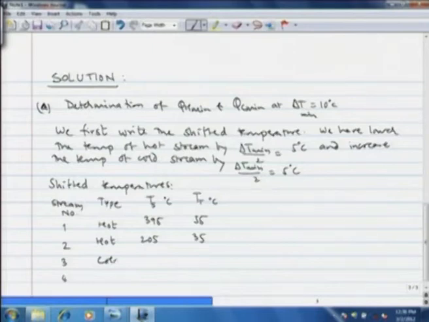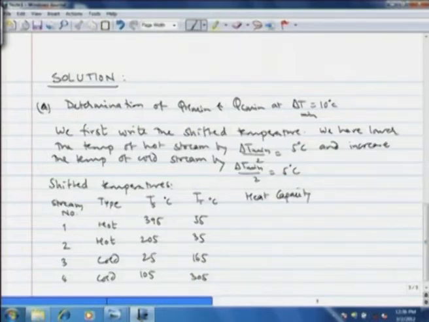The third stream is a cold stream. Here the supply temperature was 20, which is increased by 5 degrees, so 25, and the target temperature was 160, that is increased by 5 to 165. Same, the fourth stream is also cold stream. Here the supply temperature was 100, so that is shifted to 105, and the target temperature was 300, that is shifted to 305. The heat capacity flow rates, however, remain the same.